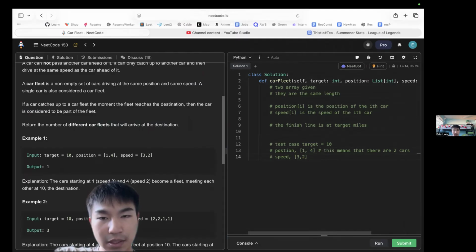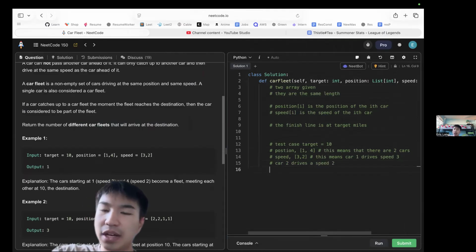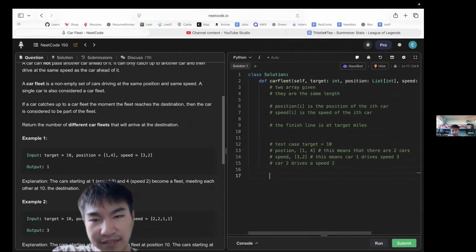So that means the car at position 1 drives at speed 3, and the car at position 4 drives at speed 2.